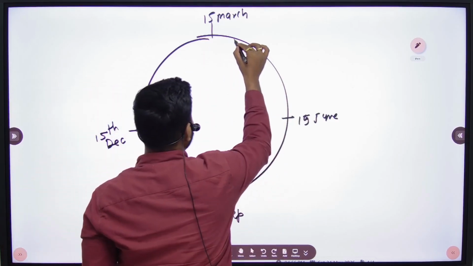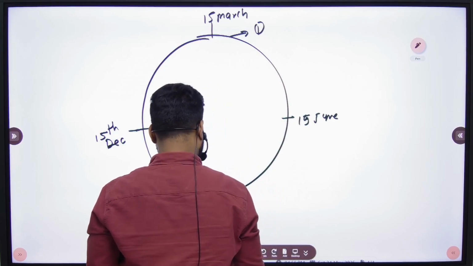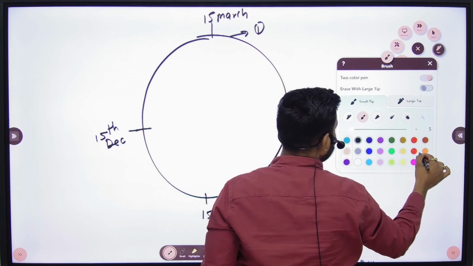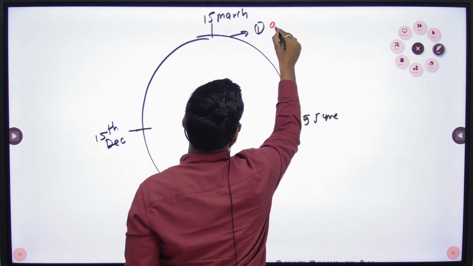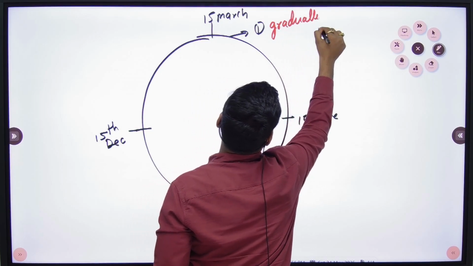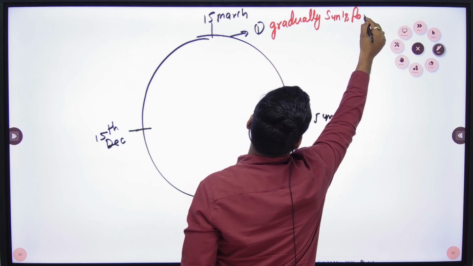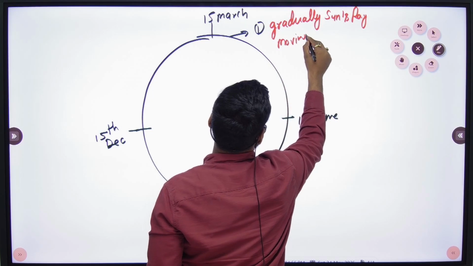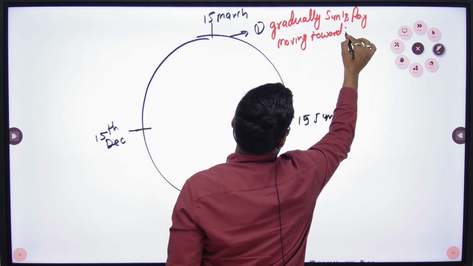In 15th March to 15th June, what will be the condition? The sun's rays gradually move towards the northern hemisphere.